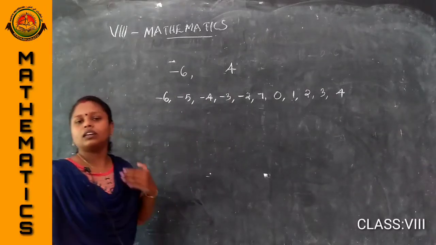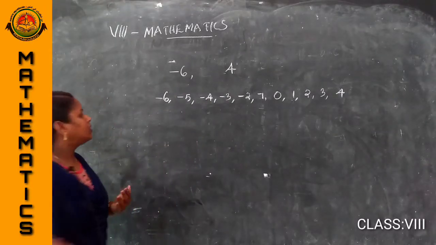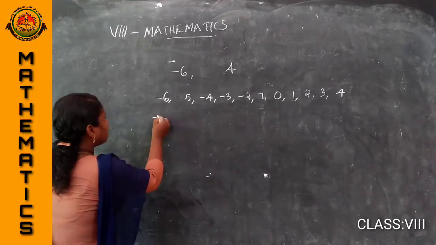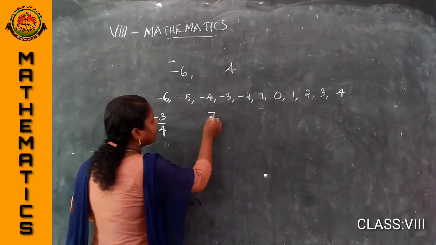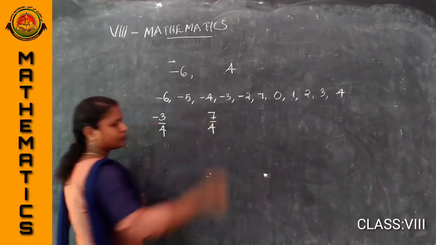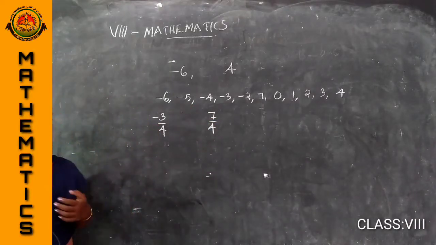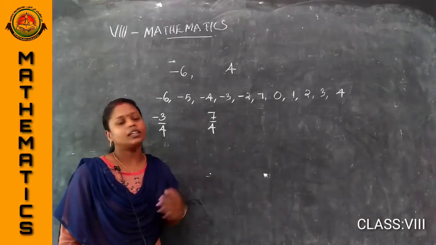Then what about rational numbers? Suppose we take two rational numbers, -3/4 and 7/4. How many rational numbers are there in between these two?